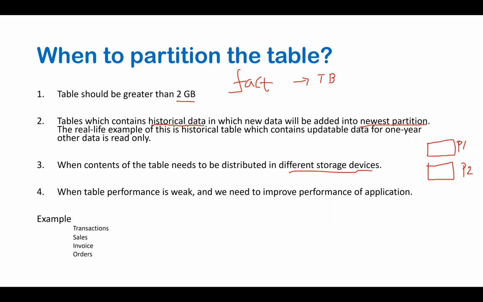That is also fine, because Oracle knows where the data has been stored. When table performance is weak, you can go for partitions. Whenever you have a huge volume of tables, go for partitions. Normally in a real-time project, transaction tables, sales table, invoice table, orders table, these tables with historical data need to have partitions.